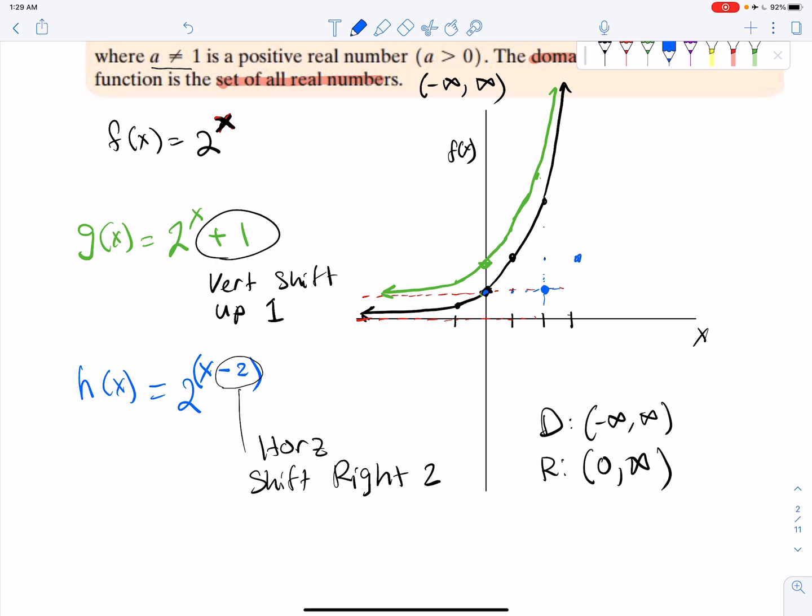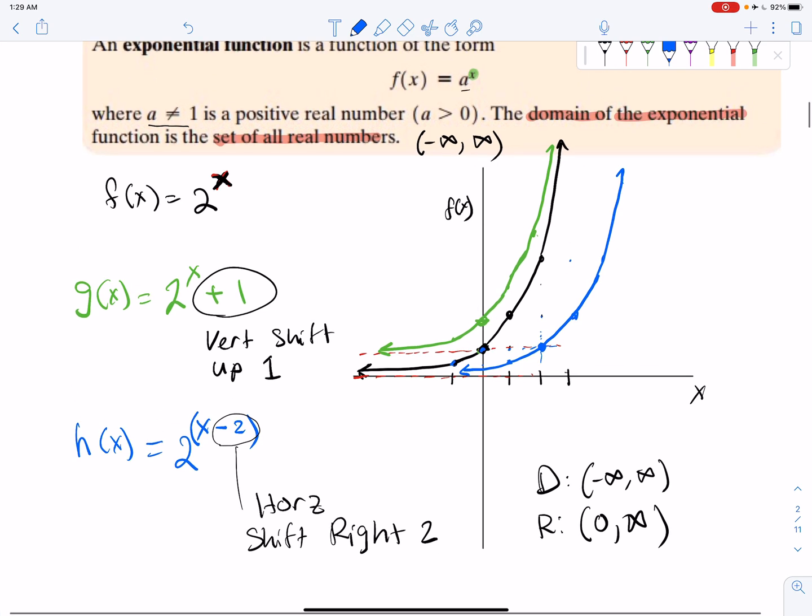Move this one over 1, 2 places, and this point could go over 1, 2 places. Should have the same shape, and I'm not going to be perfect with that. And then remember, this settles in but never crosses the x-axis. Okay, so that can be really useful for speed.